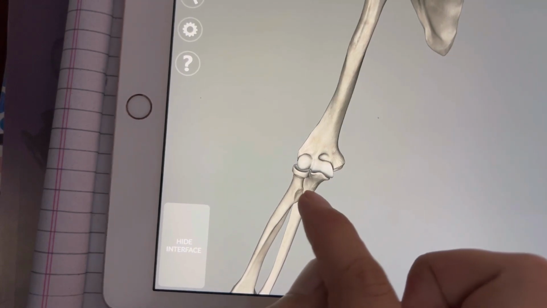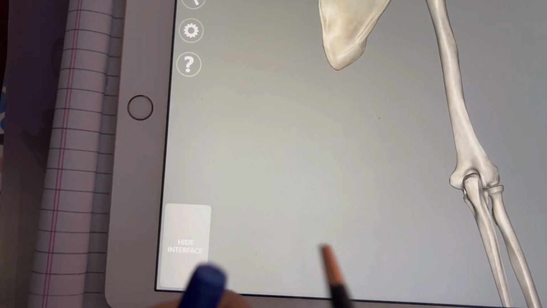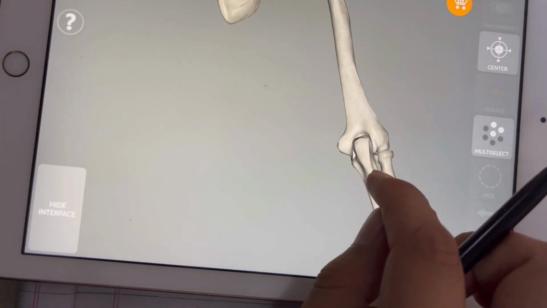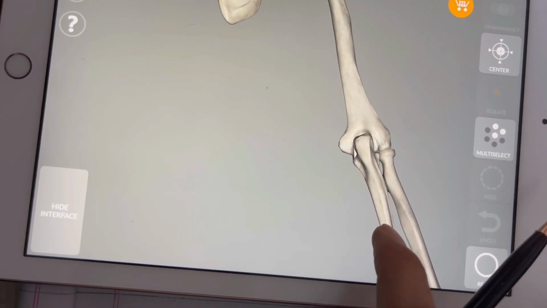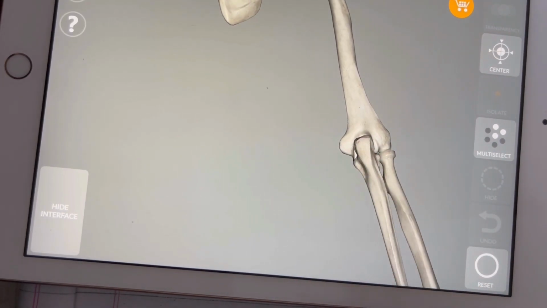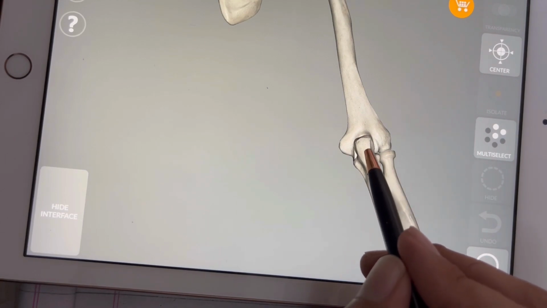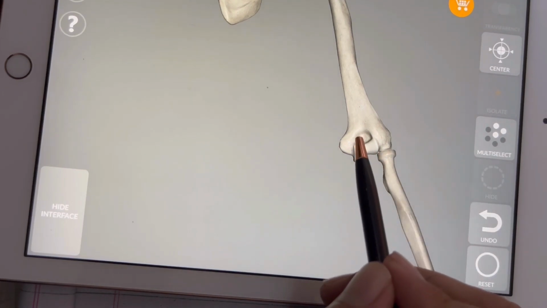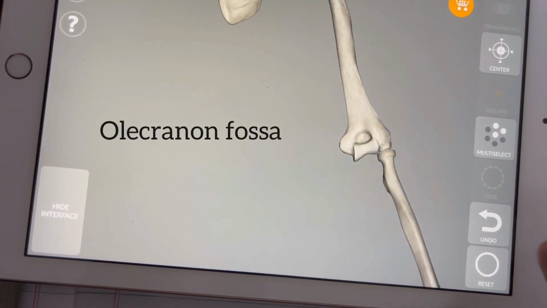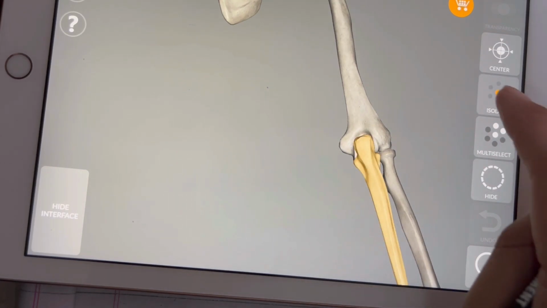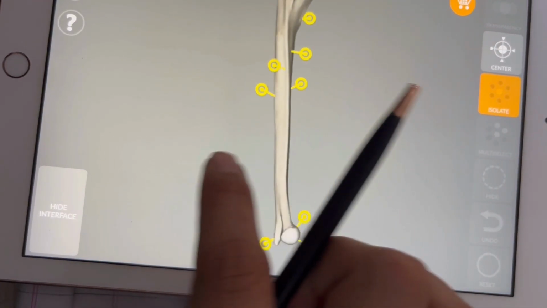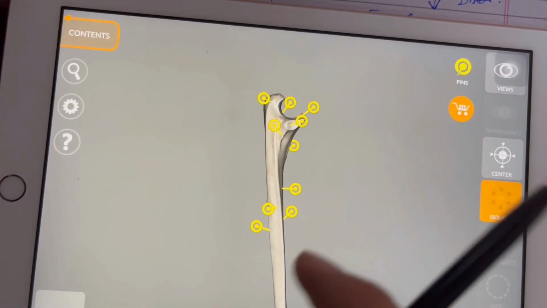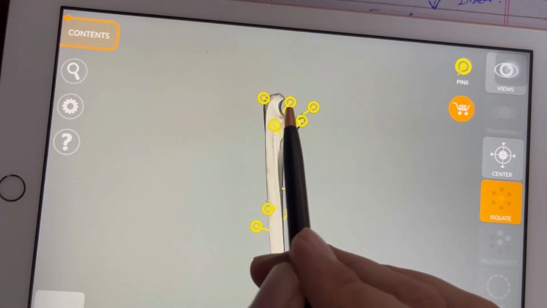Now posteriorly, this is the fossa where the olecranon process of the ulnar bone articulates, or is fixed into this fossa. This fossa is called the olecranon fossa. This is the ulnar bone and this is the olecranon process. This is the olecranon process that is fixed into the olecranon fossa of the humerus bone.